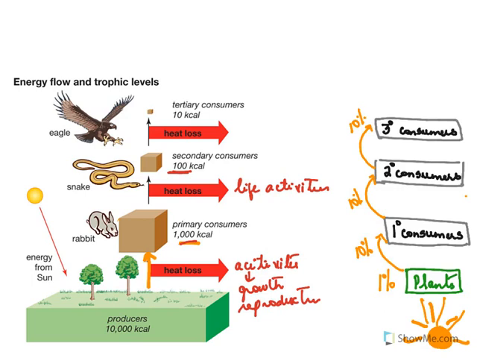Now when we go from the snake to the eagle, we see at the eagle level there is only 10 kilocalories available, because the 90 kilocalories were already used up for the life activities of the organism. Thus we see that the energy available in the higher levels keeps on decreasing at a rate of 10%.